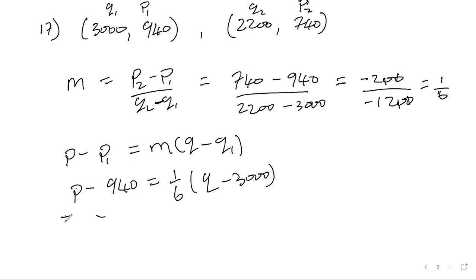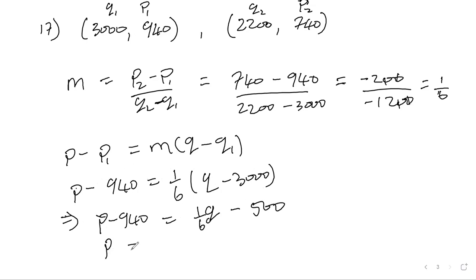Then we rearrange and write it in standard form. P minus 940 equals 1 over 6 Q minus 3000 over 6, which is 500.